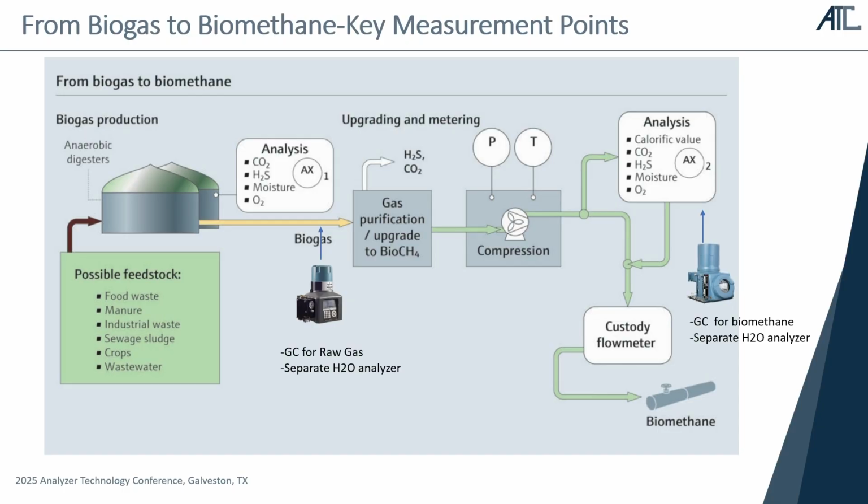Also, you want to know what's the H2S level, because you do not want your equipment to get damaged and pose risk to human and environment. The other measurement point is at the product side, before the biomethane is injected into the natural gas grid. Of course, we have to ensure that the product meets the pipeline quality specification before injection. So GC can be used at both of those key points.